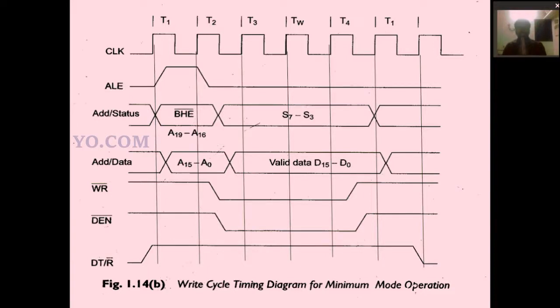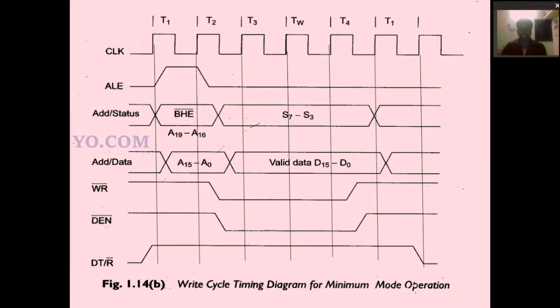After the read or write signal we enable the data enable, DEN. After that we provide the direction, DT bar R bar. Okay, right. So you can understand these things step by step, every step one by one. First ALE, second the address bus, then the read or write control signal and data enable, and finally data transmit or receive. Okay, right. Five points are present in this diagram.